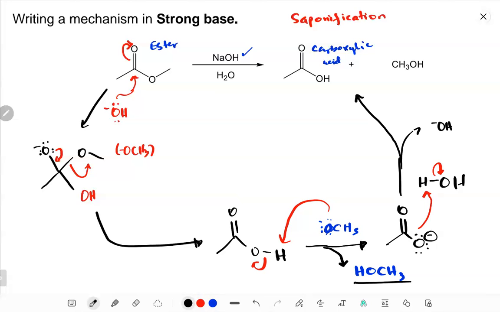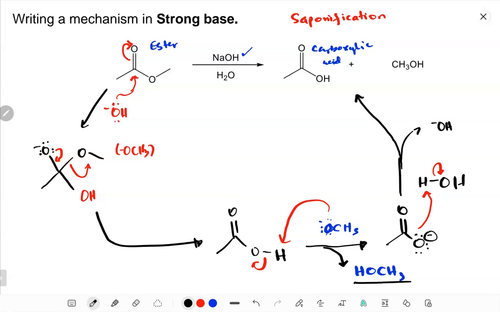And by the time the starting material has been consumed already, that's the time that the reaction will stop. So this is just a cycle that takes place over and over again, as long as you have hydroxide ion in solution from water, and you have starting material left in solution. So this is the typical mechanism for base promoted saponification.